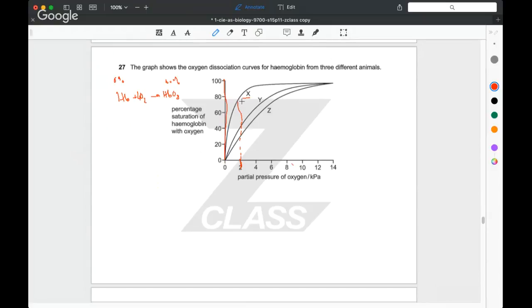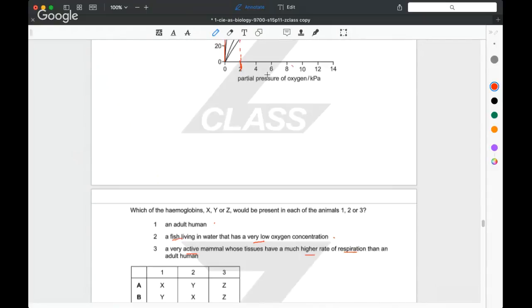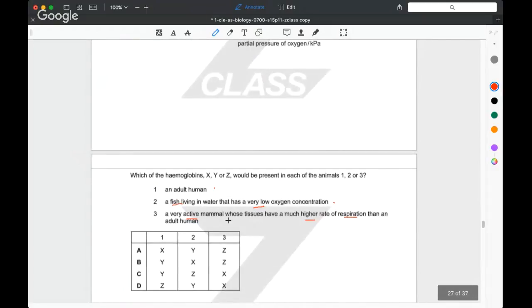It needs to breathe, and it has hemoglobin that can bind oxygen, even though the oxygen is at a very low partial pressure or low dissolved oxygen concentration in the water. So X is definitely this fish. Now, the next one that stands out is this mammal who is extremely active.